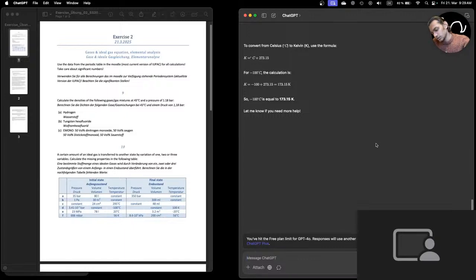So if you list all the values, P1 equals 23 megapascal.